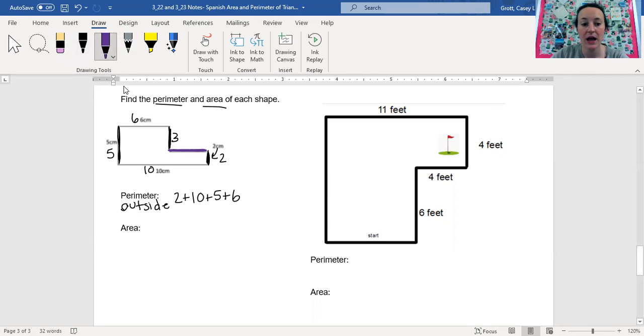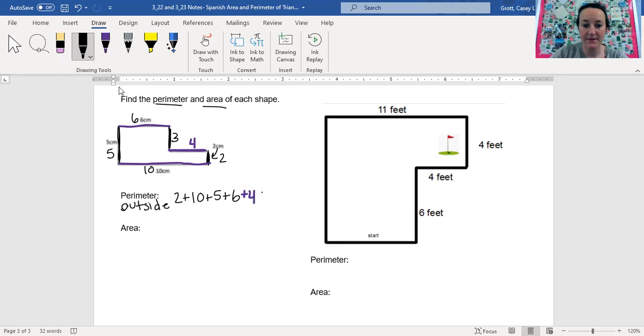For my purple one, I know that all of this is supposed to be equal to 10. Well, I only have a chunk of it missing. I already know that this part is equal to 6. So 6 plus 4 gets me to that length of 10 that they gave us. So I also have plus 4.